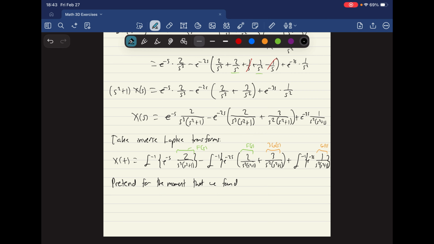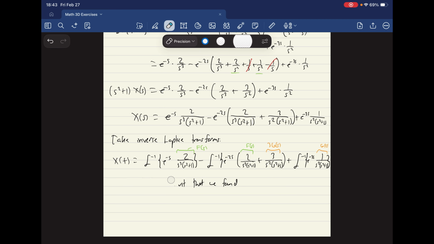And let's just pretend for a moment, or even better, not even pretend. Something you might notice is that these are Laplace transforms of some functions.